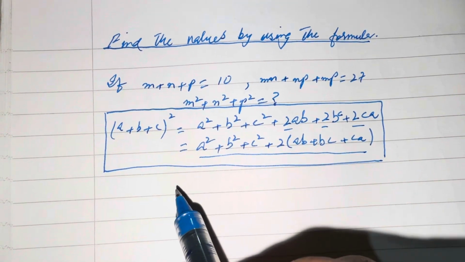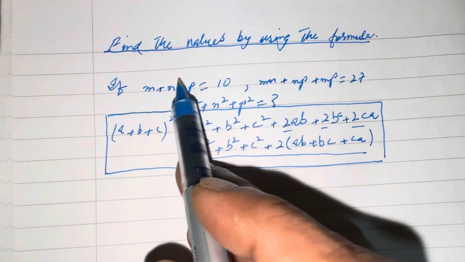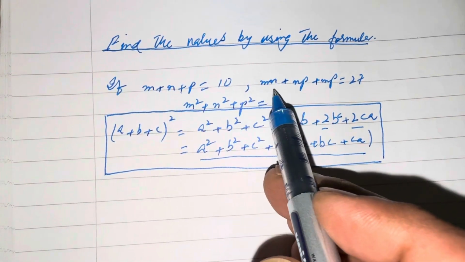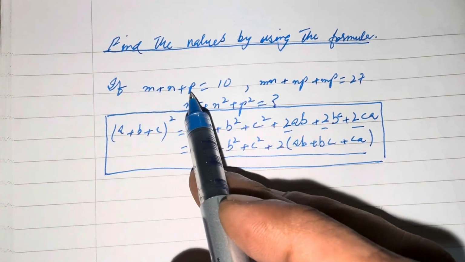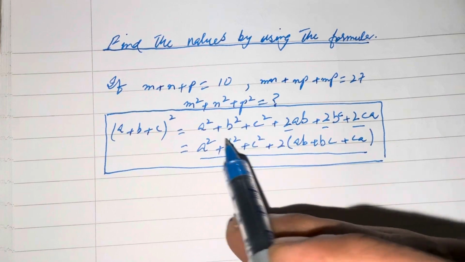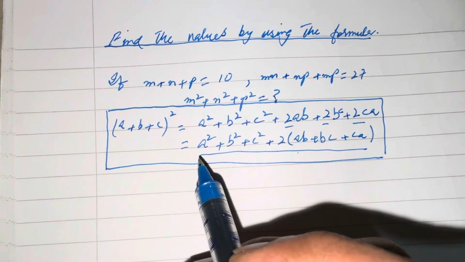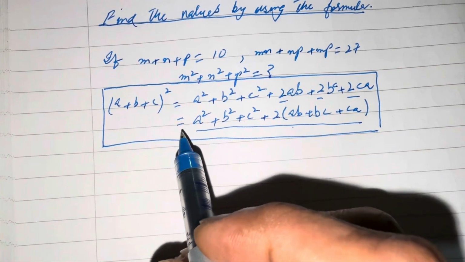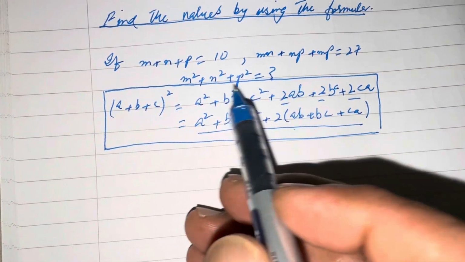So according to this formula, if you see the situation over here in this question, you can see that there are three variables and they are in the form of this formula. So let's start: how can we find the values as given in the question.